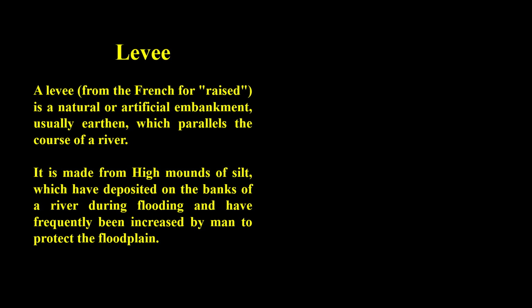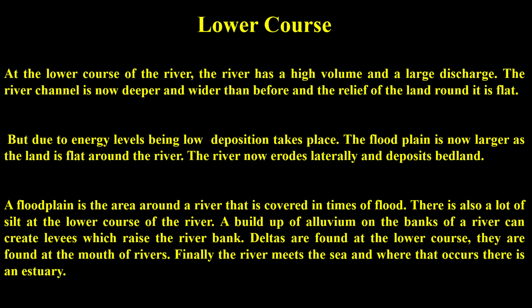Just now we have talked about a levee. What's a levee? Let's see. A levee, from the French word for raised, you get this term levee. It's a natural or artificial embankment, usually an earthen one, which parallels the course of a river. See, which raises the river bank.